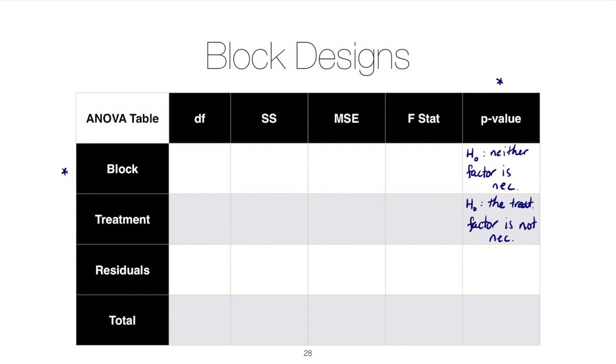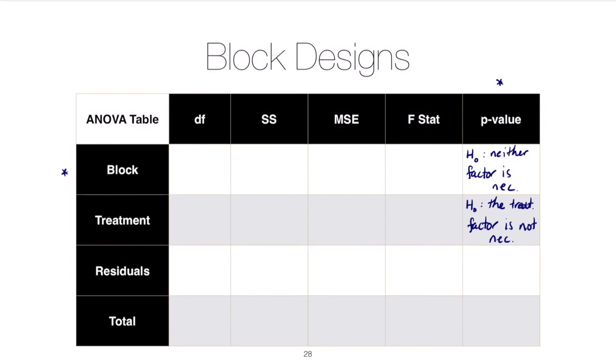And so that's why if we look to the left in this table, we need degrees of freedom, sums of squares, and the MSE, which is what we call the sums of squares divided by their degrees of freedom. So I think what I'll do in this video is fill in maybe one of the rows and then see if you can fill in the rest, and then I'll post these notes with each row filled in.